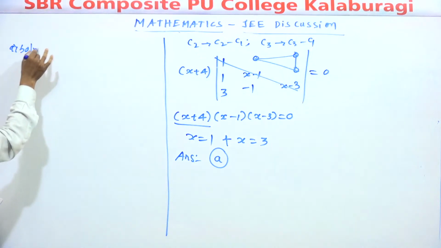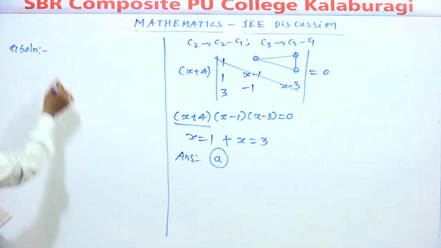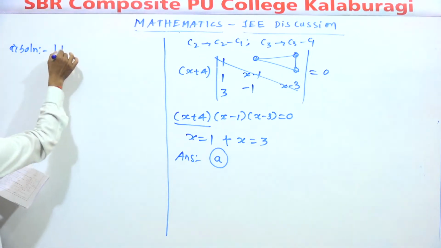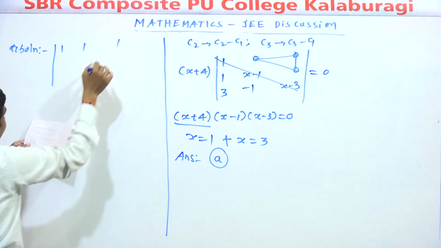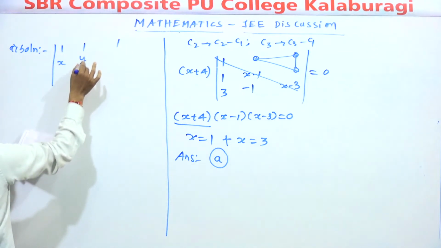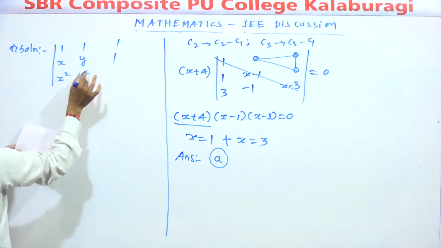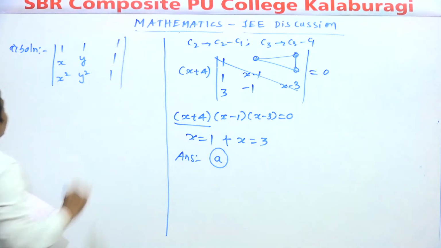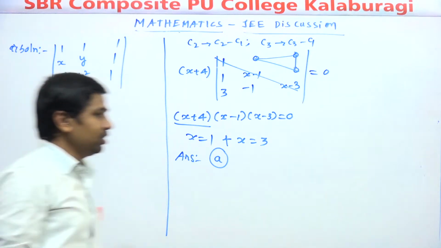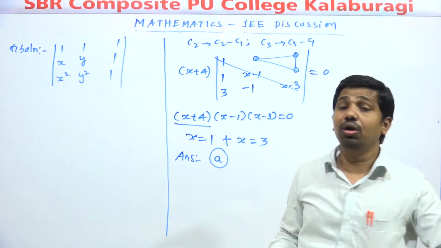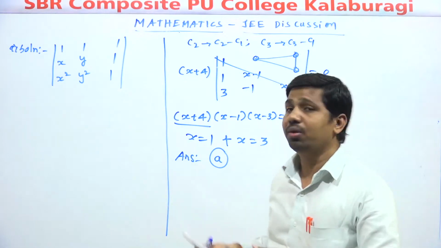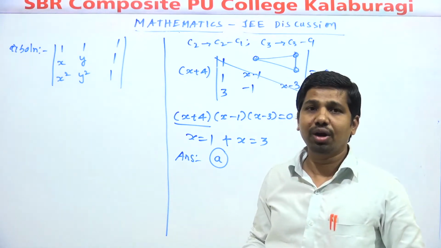Ninth one, factors of determinant 1, 1, 1; x, y, 1; x square, y square, 1, right? So what is it asking, the factors? We already know, as told in determinants, if any row or any column is 1, 1, 1, we make 2 elements 0.